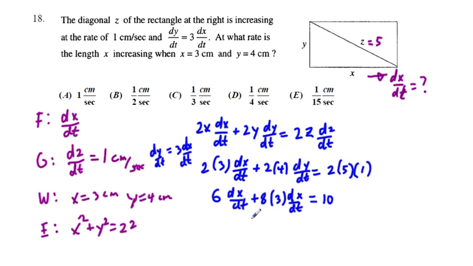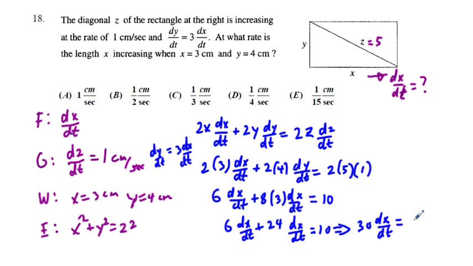And so what we have here is 6 dx/dt plus 24 dx/dt, since 8 times 3 is 24, is equal to 10. And so 6 plus 24, we have 30 dx/dt equals 10. Dividing by 30, we simplify to 1/3. So dx/dt is 1/3 centimeter per second, which is our answer choice C.